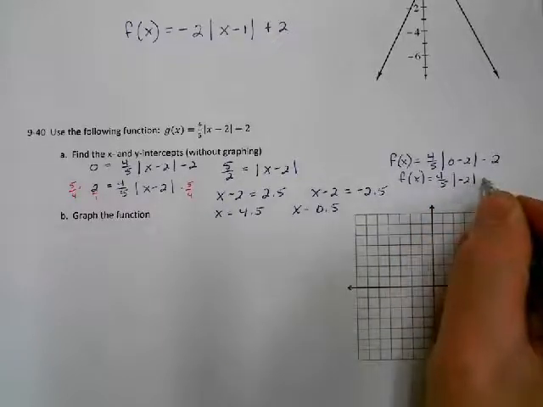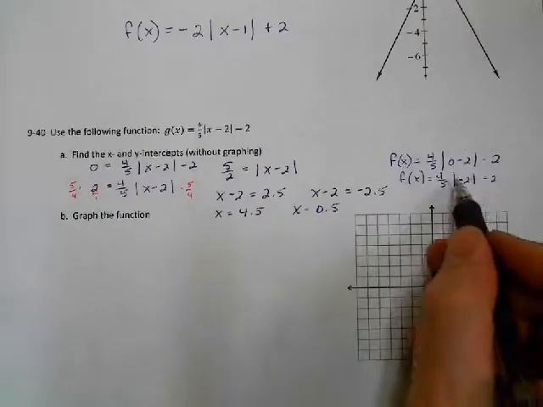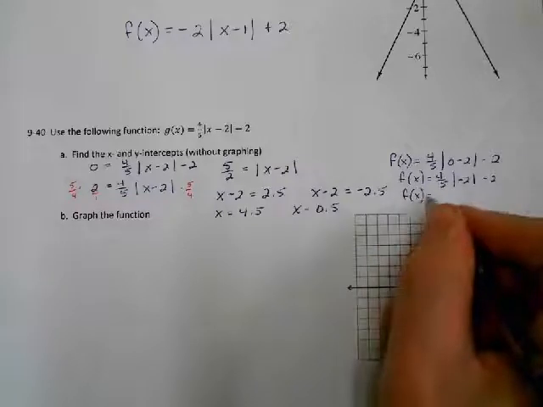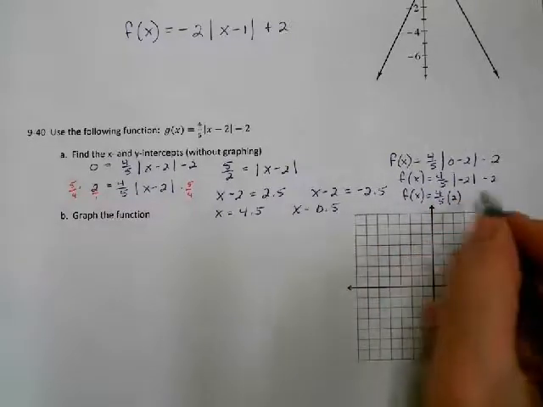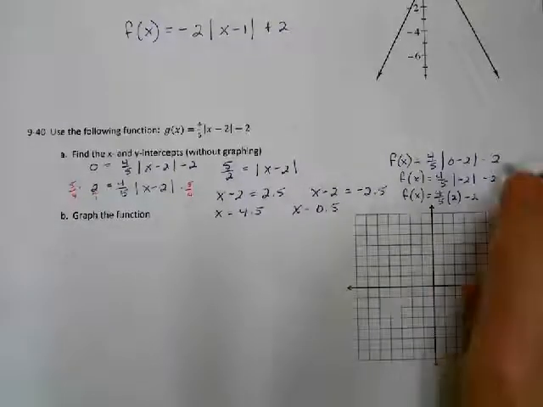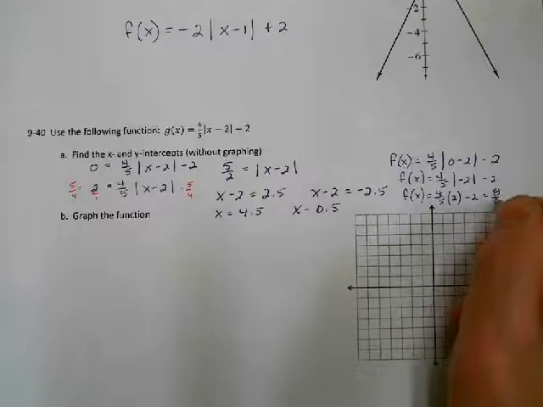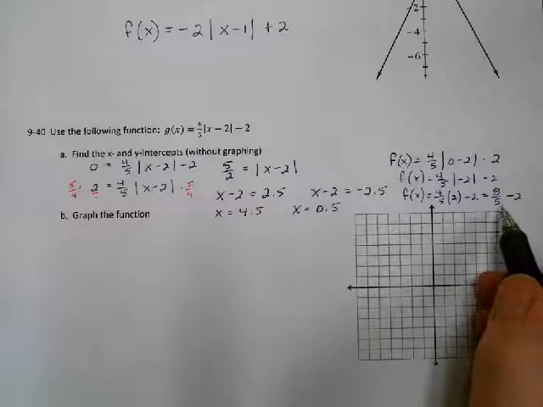Next, I would change this into just positive 2 because that's what the absolute value does. And then 4/5 times 2 should be 8/5. And then 8/5, we can change that into a decimal to make this a little bit easier.